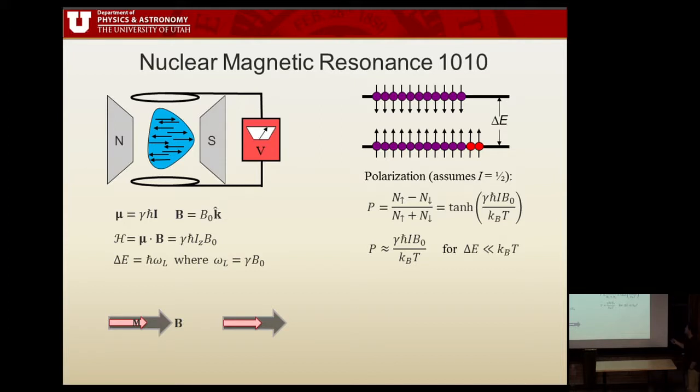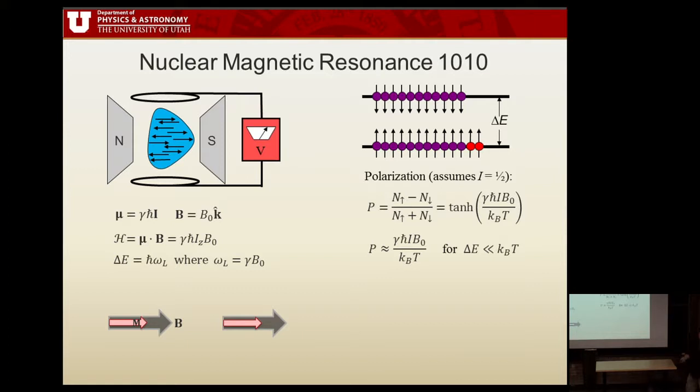The polarization, assuming spin 1/2, a simple case like protons, is just the number of ups minus the number of downs divided by the total number of ups and downs. If you calculate using statistical mechanics, you find that it's proportional to the hyperbolic tangent of the energy of the transition, delta E, divided by kT.